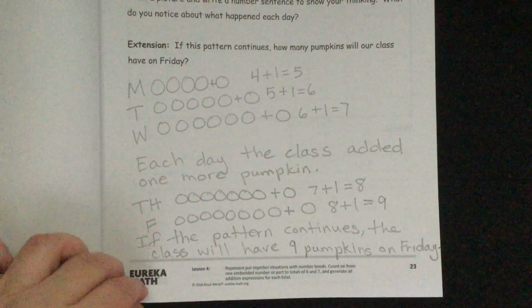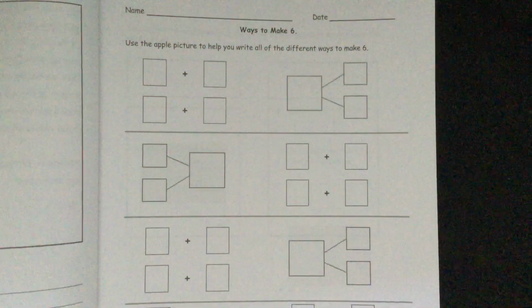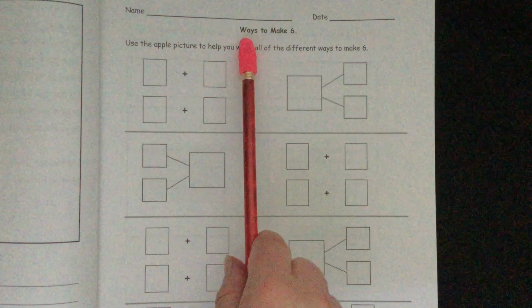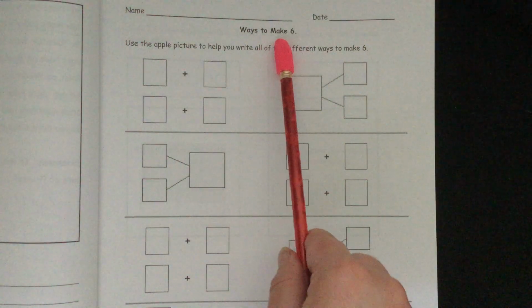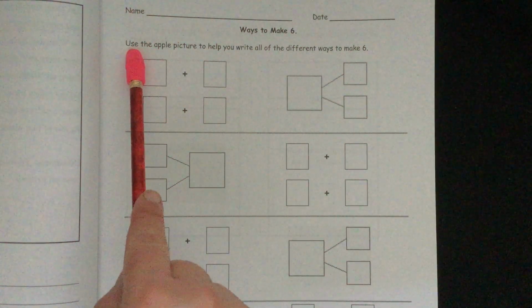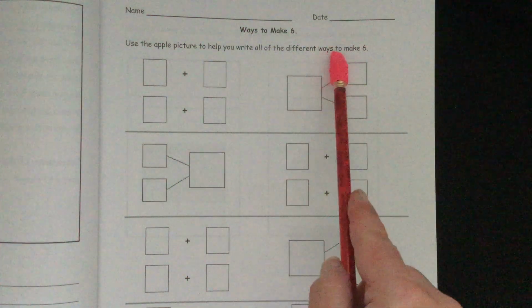So we're going to head on over to our problem set. First of all, our title is Ways to Make 6. Our directions say, use the apple picture to help you write all the different ways to make 6.